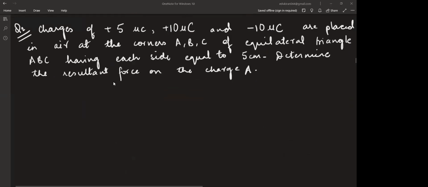Yes, class. What's the answer coming of the resultant force?